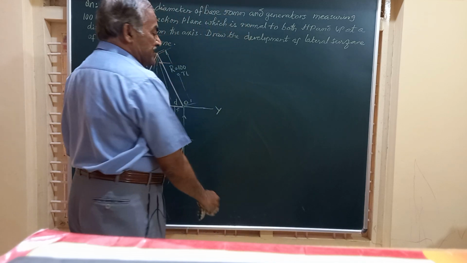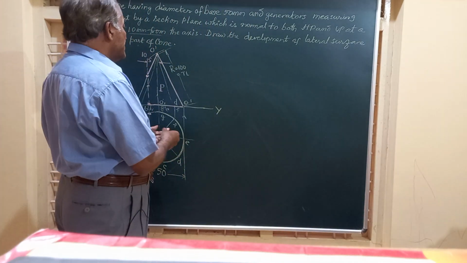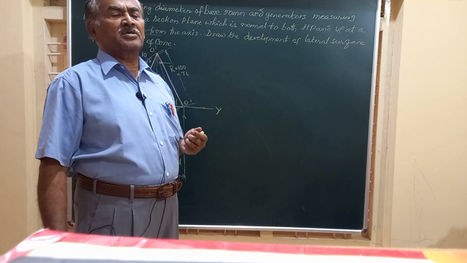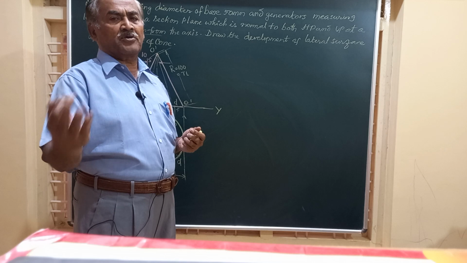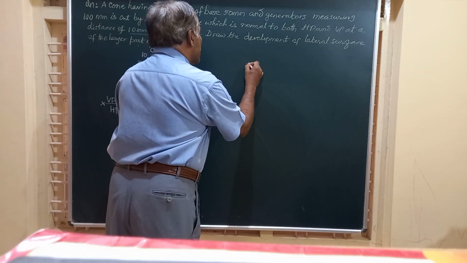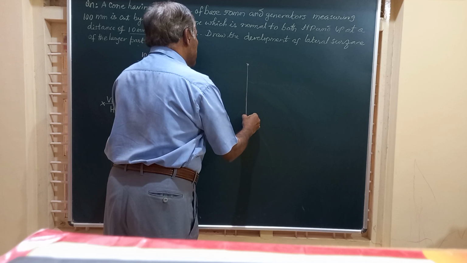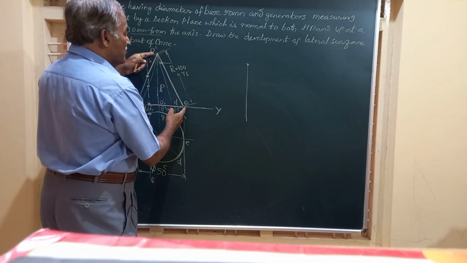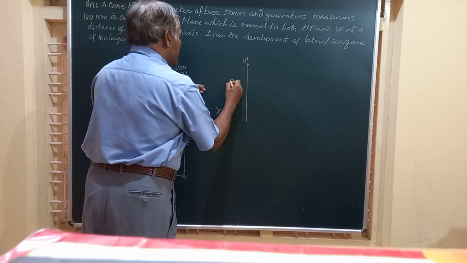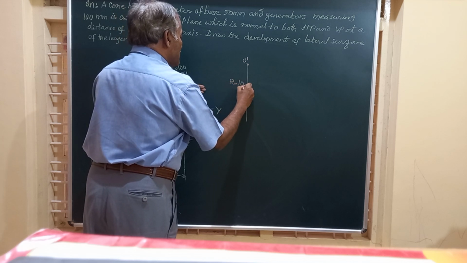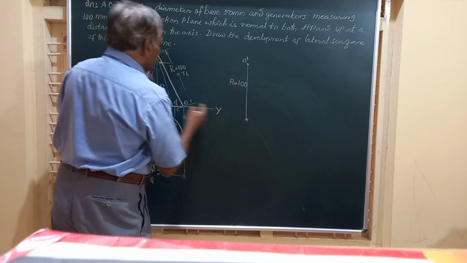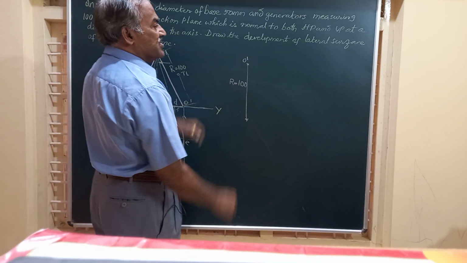So let us draw the development now. Friends, here for all the developments we need the true lengths only, whether it is a pyramid, a cone, a cube, or a prism, whatever it may be. So I am going to mark here a line of length equal to O dash E dash, that is R, which is equal to 100 in this problem. Remember friends, this is the true length. So whatever the length you have got, that is 100, I just marked here.